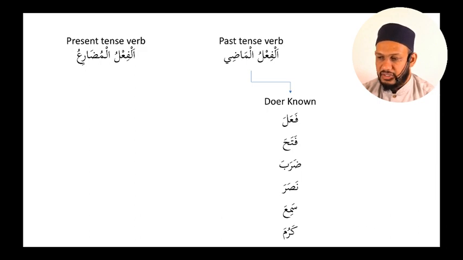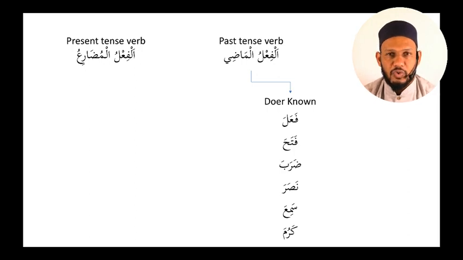Fatahat, fatahna. Fatahta, fatahtum. Fatahti, fatahtunna. Fatahtu, fatahna. Daraba, daraba. Darabu. Darabat, darabna. Darabta, darabtum. Darabti, darabtunna. Darabtu, darabna. Nasara, nasara. Nasaru. Nasarat, nasarna. Nasarta, nasartum.